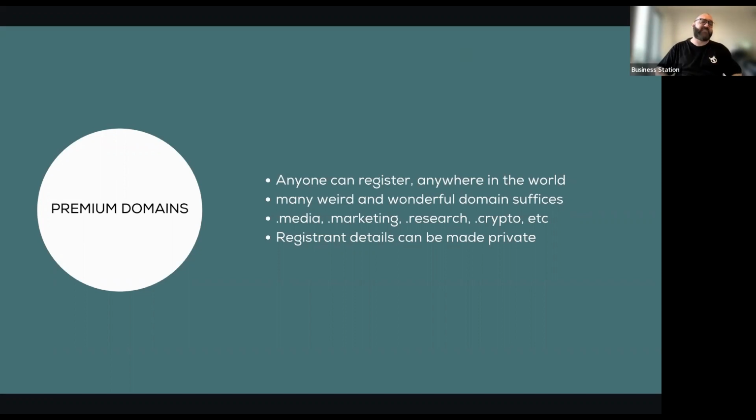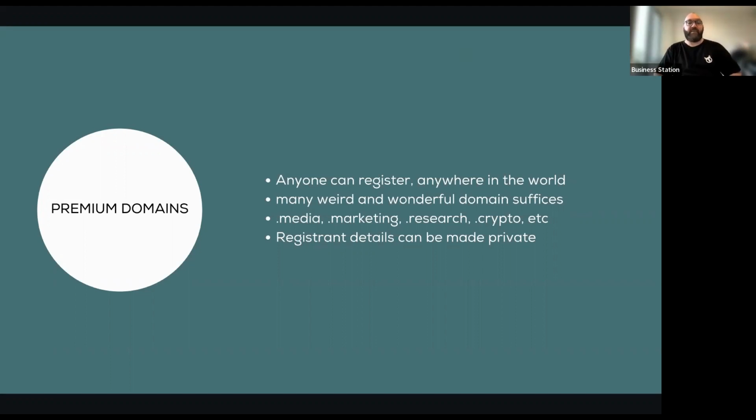Now, the registrant details on these can be made private as well. So on generic domains and on these ones, you can make them private because that's a worldwide thing, and it's not something which necessarily comes with regulatory pressures like the .au addresses tend to.